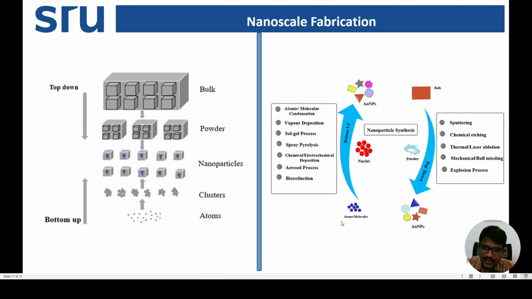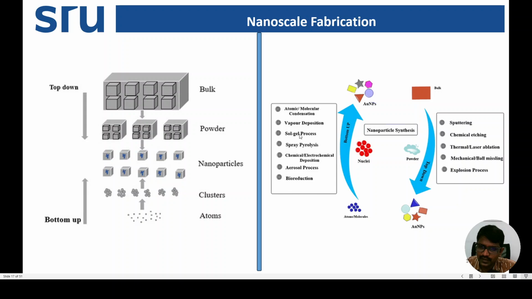See here, we are taking atoms and we make them into nanoparticles. Some of the examples for bottom up approach are bioreduction, aerosol processes, electrochemical deposition, spray pyrolysis, sol gel, vapor deposition, and atomic or molecular condensation.